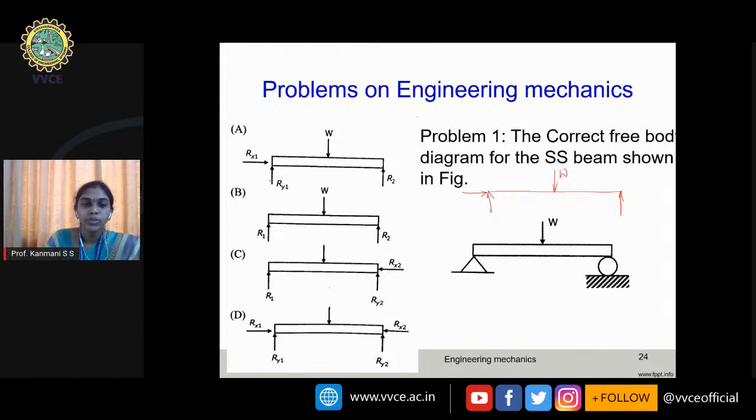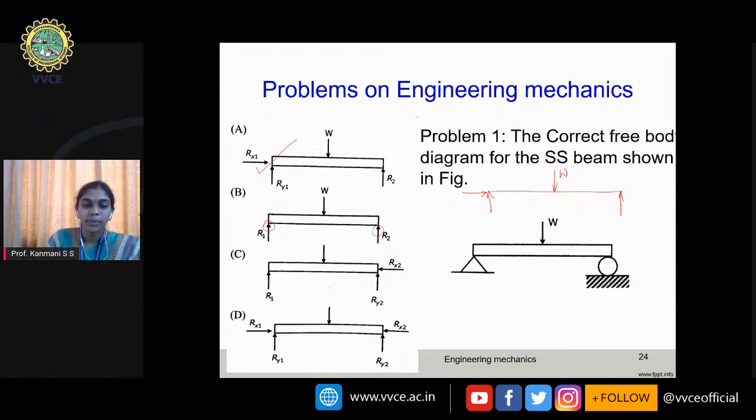If you see the options, in the very first one, we have two reactions at joint A and one reaction at joint B, and the force W is there. According to this, whatever we have written is matching with this. So this works out to be the correct answer. But let's see the next one. This is applicable only when you have both the ends with roller support.